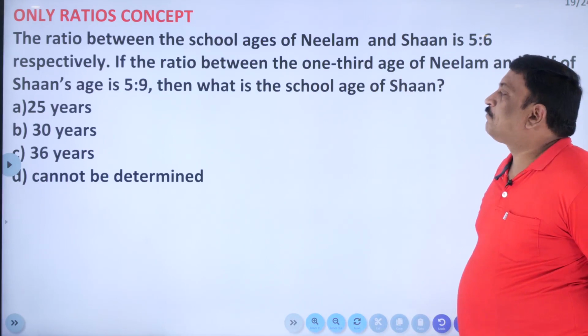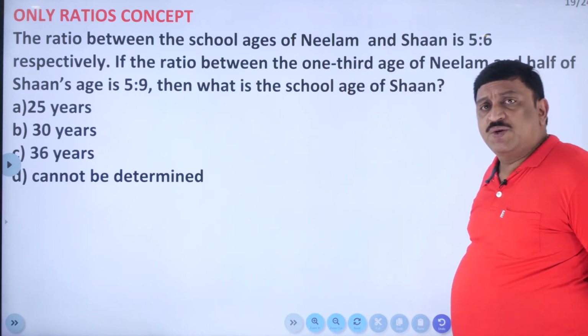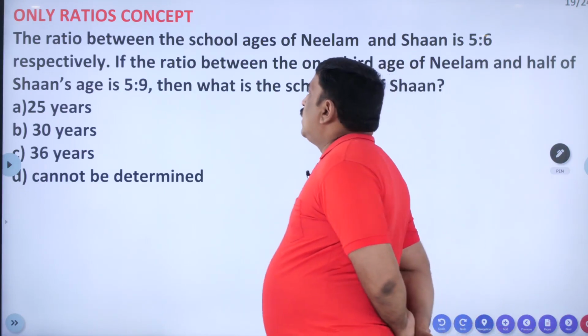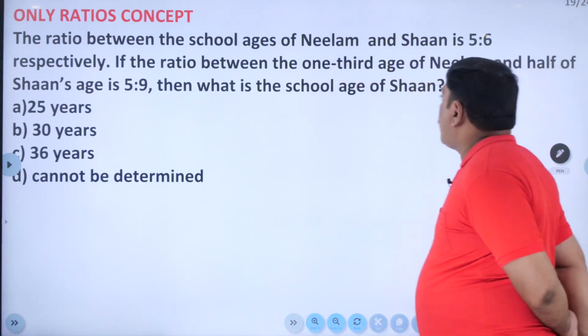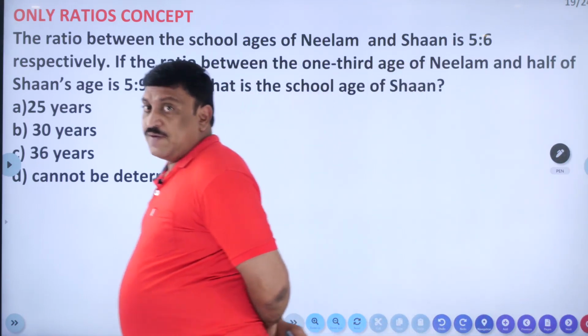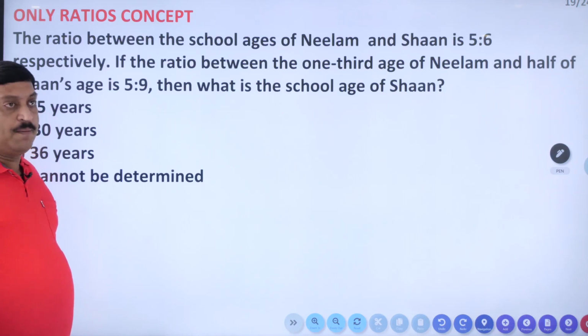You see, the ratio between the school ages of Neelam and Shan is 5:6 respectively. If the ratio between 1/3 of Neelam's age and half of Shan's age is 5:9, what is the school age of Neelam or Shan?